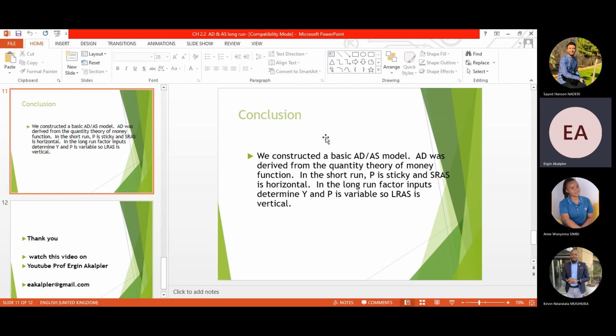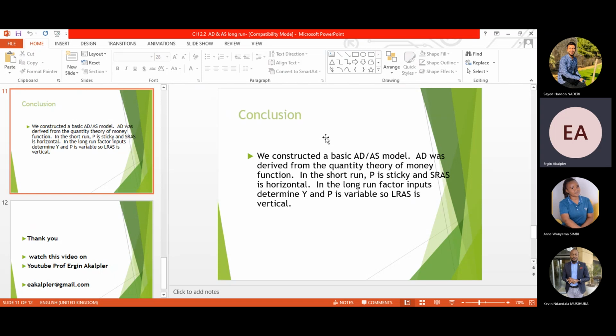In the short run, P is sticky, supposed to be constant, and short-run aggregate supply is horizontal, but in the long run the aggregate supply curve is vertical, and inputs determine Y, and P is variable.